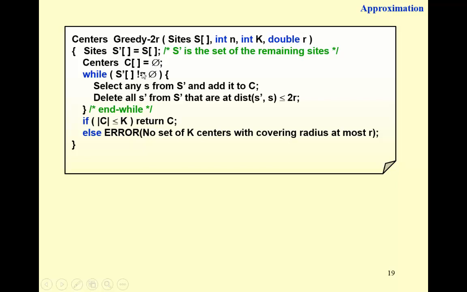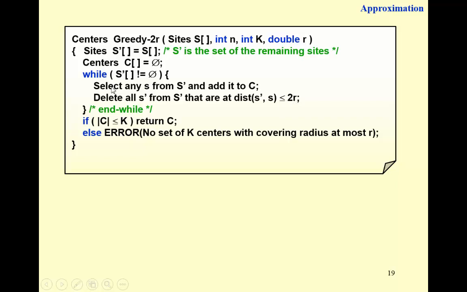While we still have something left in this remaining set, let's select any side from this set and make it a center. Okay, and after making this one as the center, we just delete all the sides that are covered by this center with the radius of 2R.